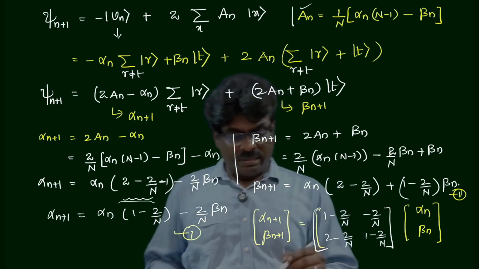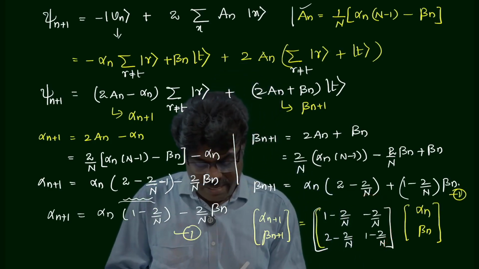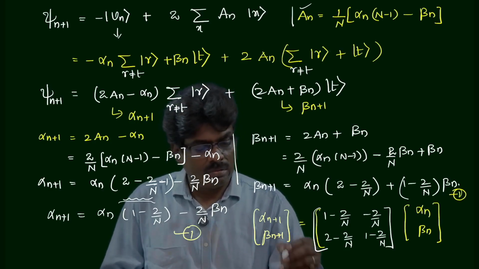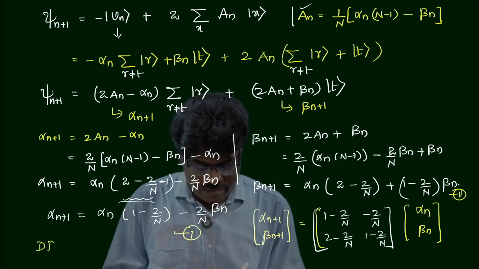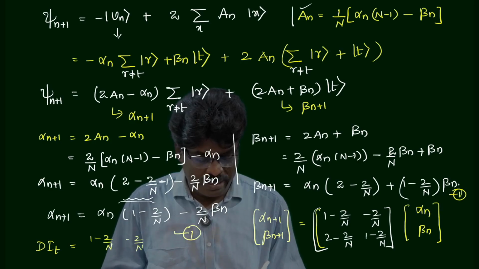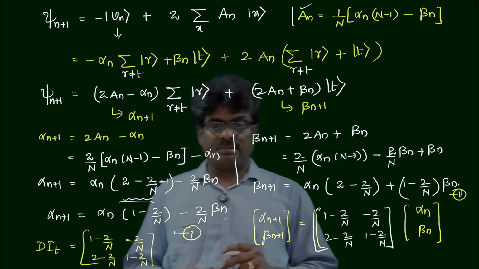Then this is our iteration matrix. So finally I can say this D I T is nothing but 1 minus 2 by n, minus 2 by n, and 2 minus 2 by n, and 1 minus 2 by n. That's it. It's very nice.